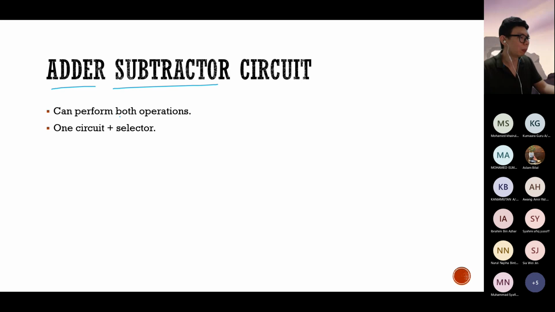It does both operations, and you determine the operation by using a selector. If you're doing the lab, you might have come across this lab module that asks you to construct a circuit that can perform adding and also subtracting. So how do you do that? It turns out that we can use an adder circuit to make this circuit.